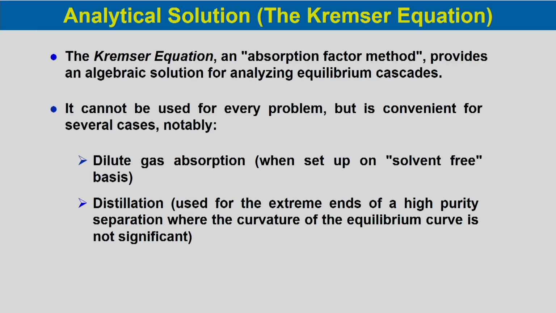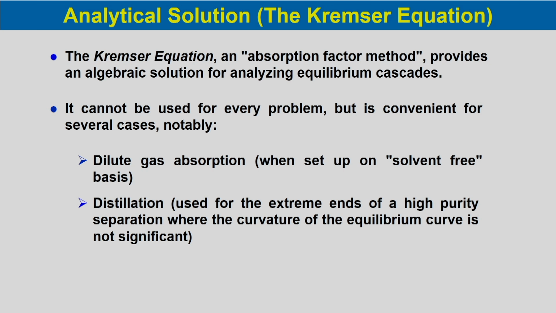The other case is distillation, where we can use it for the extreme ends of a high purity separation, where the curvature of the equilibrium curve is not significant, because at the extreme end we are trying to achieve the purity of the product.